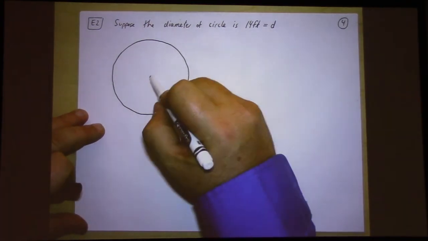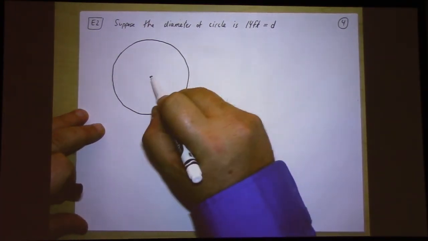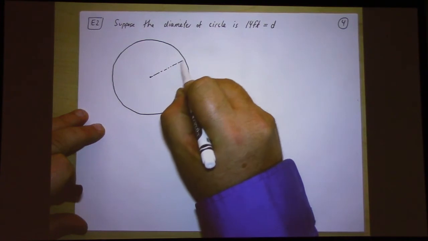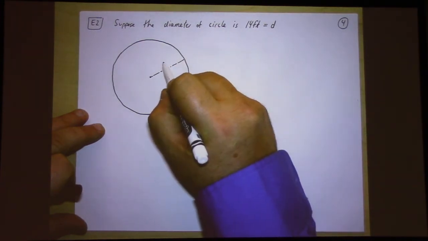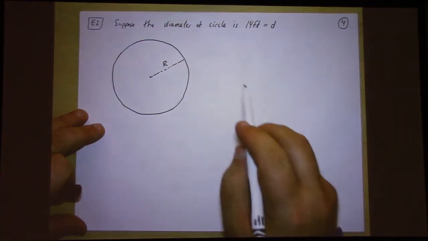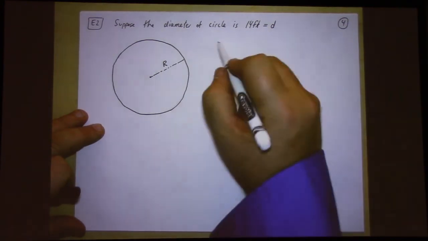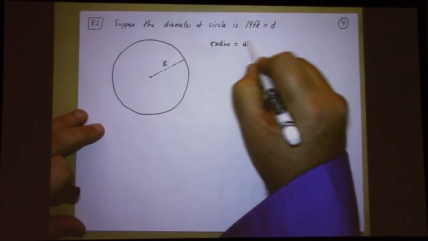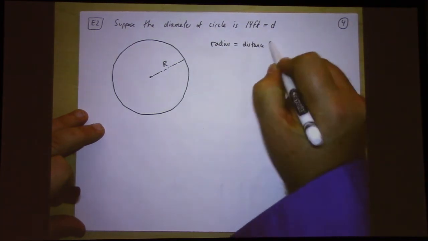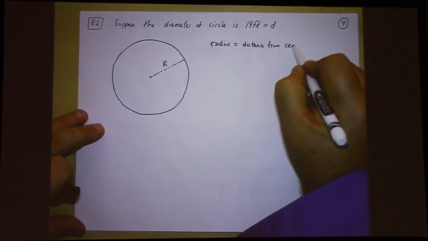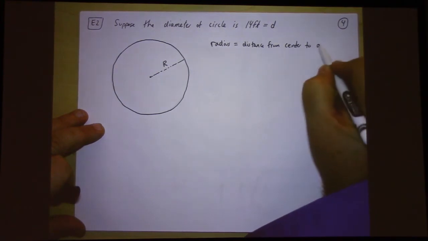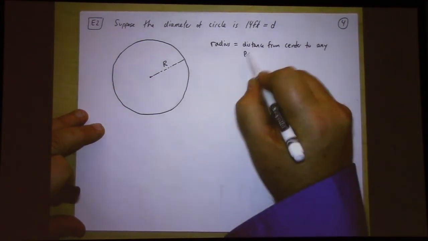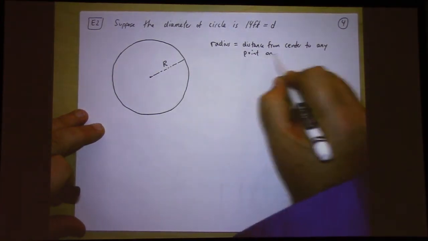And so we can describe the circle either with the radius, right? Radius is the distance from the center to any point on the circle.